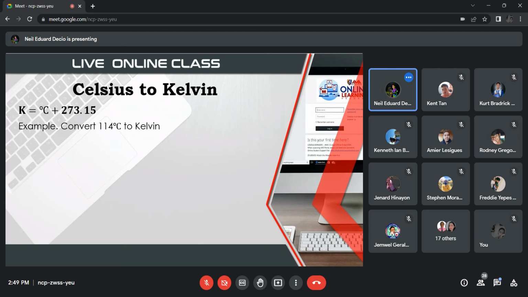Okay, 10 is to 10 na scale din yung Kelvin to Celsius. So basically, kung Celsius to Kelvin, add lang tayo, and this is the number that we have to add. If you want to convert degrees Celsius to Kelvin, you just add 273.15. You can see the formula naman na, di ba? So if we want to convert 114 degrees Celsius to Kelvin, i-add lang natin siya by 273.15.